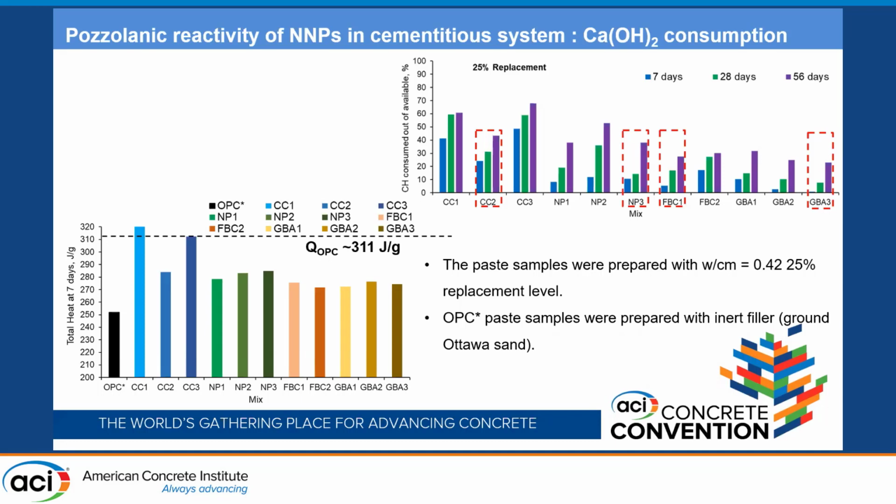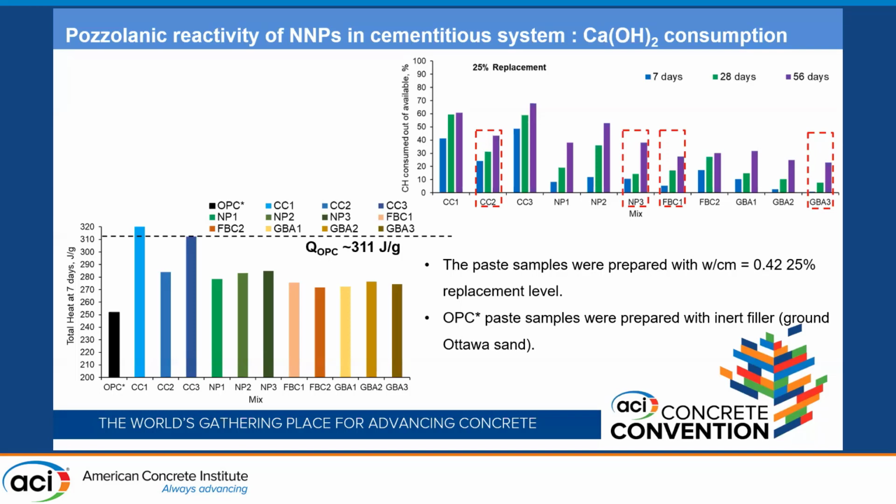This trend also agrees well with the calcium hydroxide consumption data. You can see that the calcined clays consumed the highest amount of available calcium hydroxide. In the case of the ashes, the FBCs and GBAs, it was the least amount, and the natural Pozzolans again fall in between.